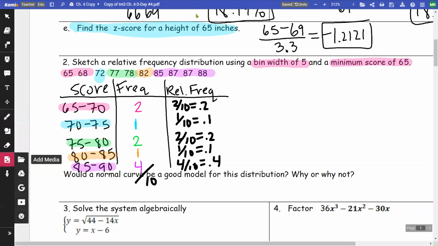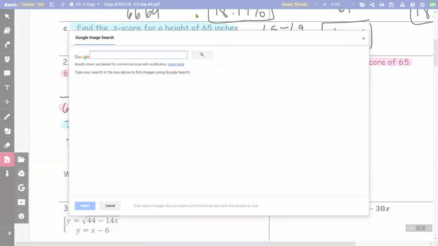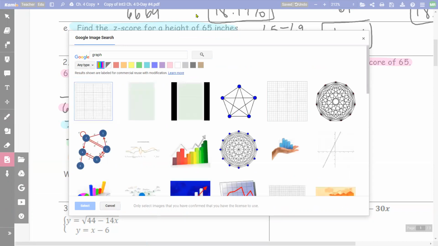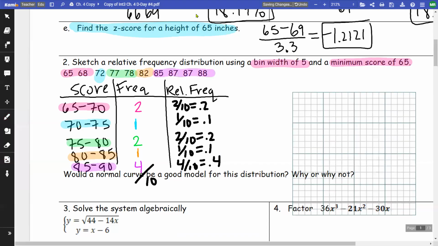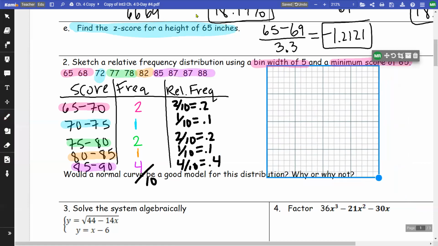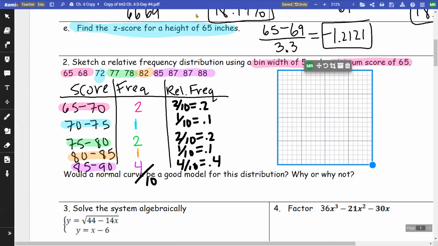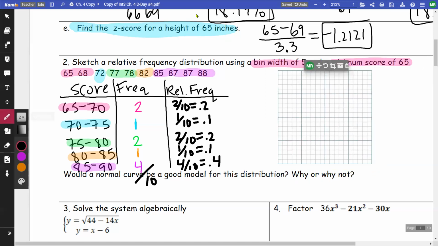Now I'm just going to go grab a graph. Okay, so for this one, on this side, this is going to be my percent.